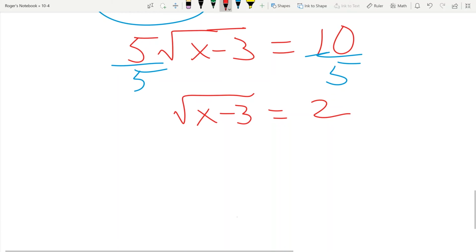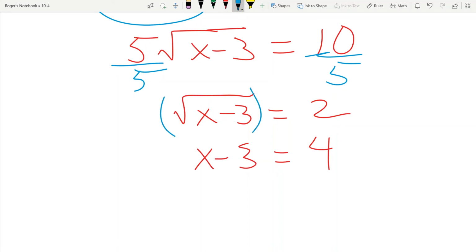Now, this is the principal square root. We square both sides, and we get x minus 3 is equal to 2 squared, which is 4. Maybe I'm going too fast. I'm skipping a step here. I'll do it in blue to show you what I'm trying to do. Square both sides. So we get the radicand, x minus 3, is equal to 2 squared, or 4.